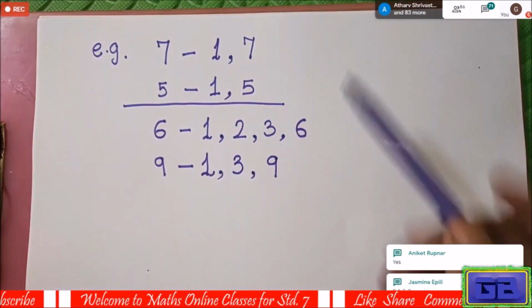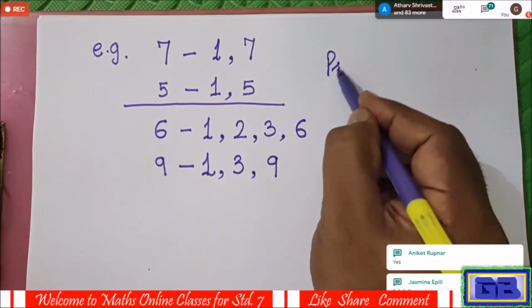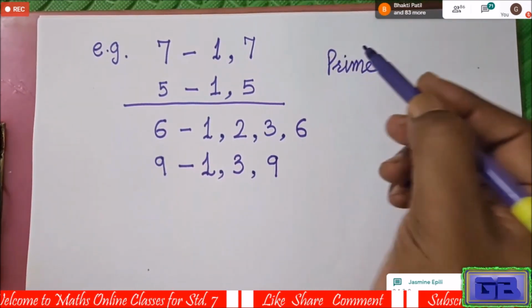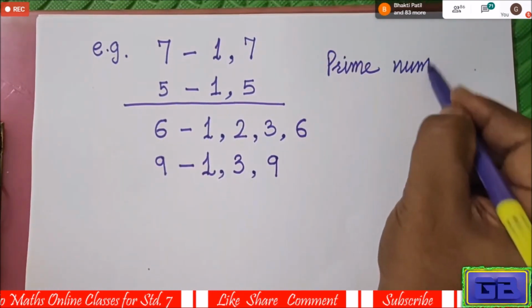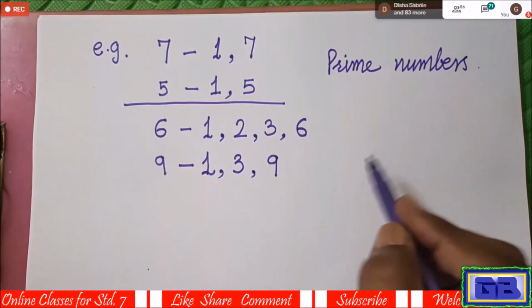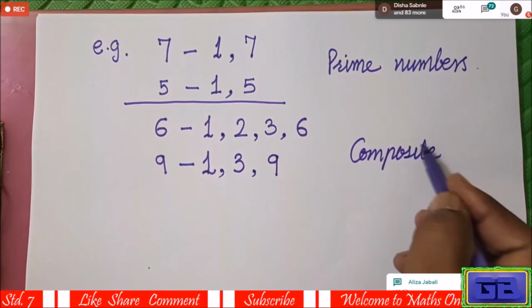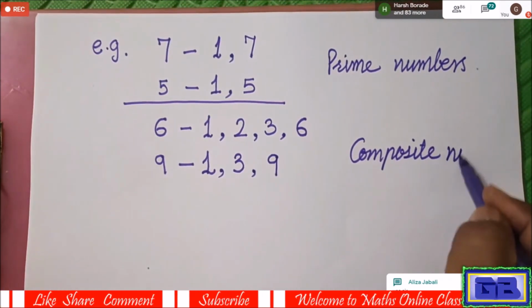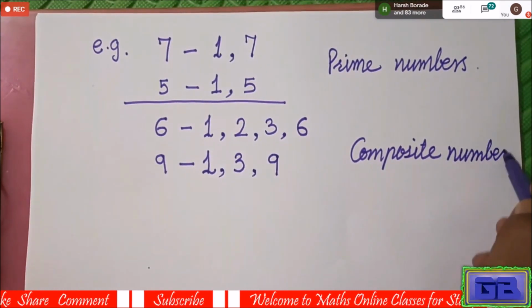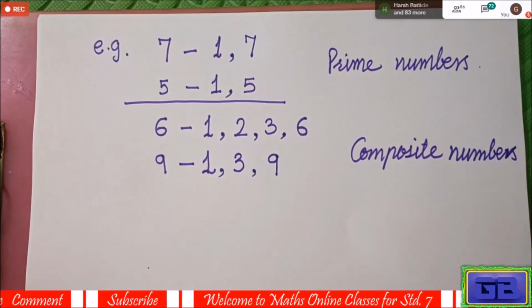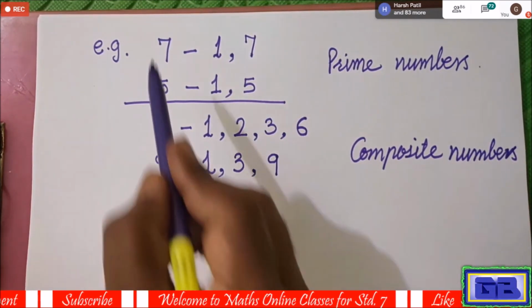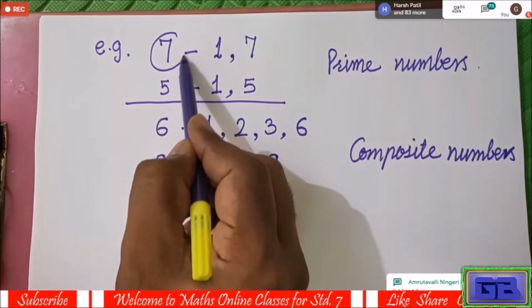Now you write it down. Prime numbers, composite numbers. Circle these numbers.